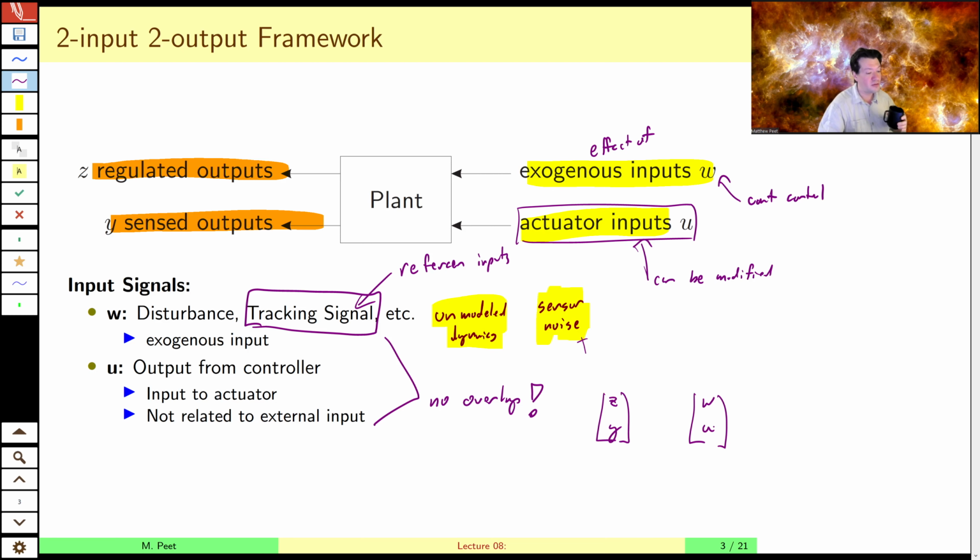Now, these signals themselves can be vectors, so there can be multiple inputs to each signal. But we concatenate them and separate them in order to avoid misunderstandings.